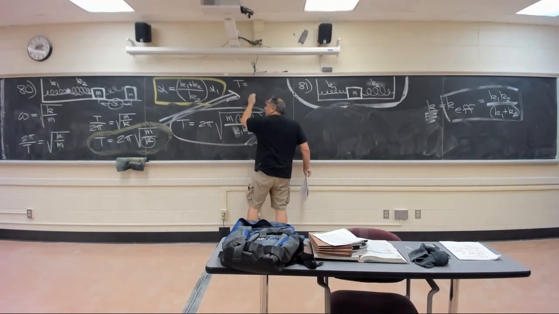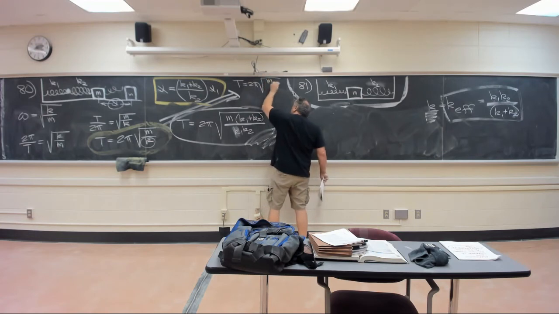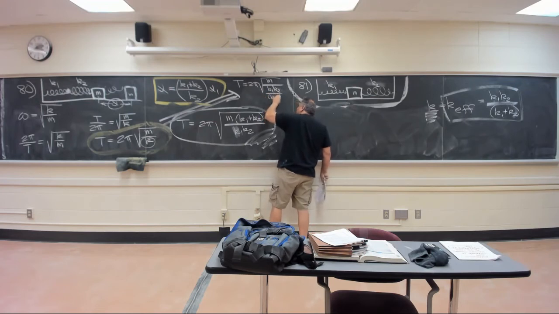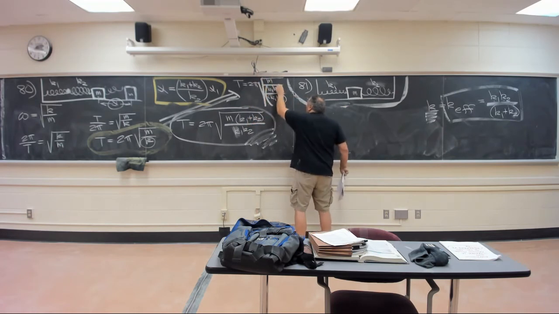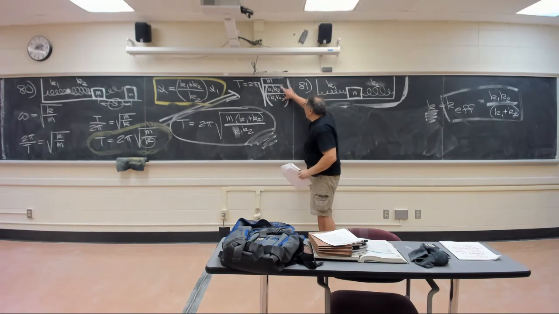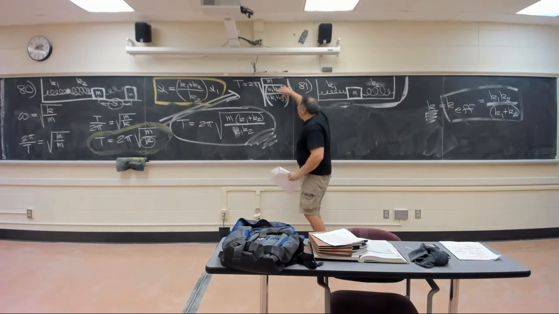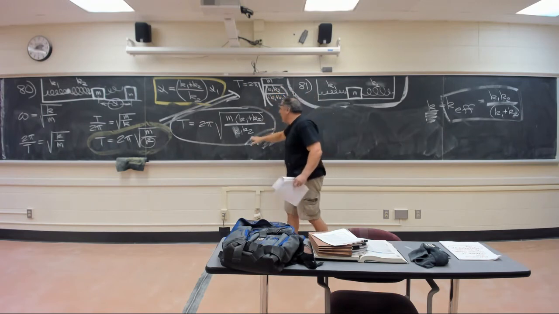T equals 2 pi over the square root of K1, K2 over K1 plus K2. Dividing by this fraction flips the fraction upside down. Dividing by this fraction flips the bottom part of the fraction up to here, keeps this guy down there, and that's why we're getting this.